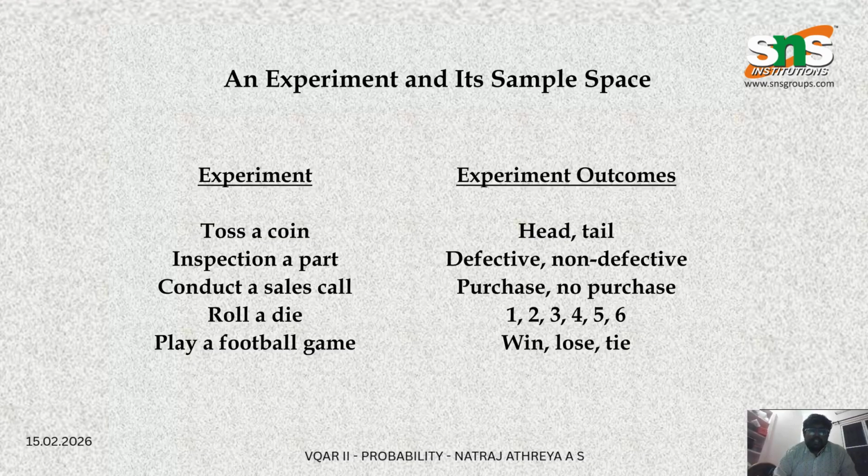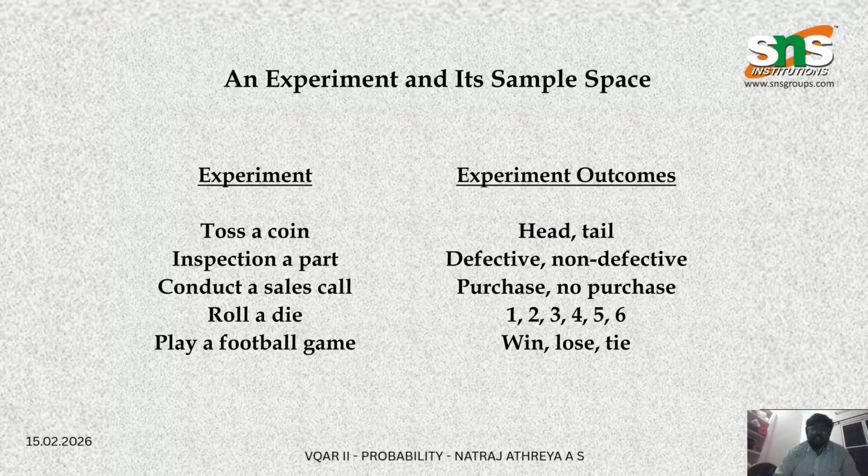Next, conducting a sales call. We would have got calls from banks, right? They would have called us and asked us to purchase some card. What are the possible answers you can say? You're either going to buy that card or not. That is purchase or no purchase.